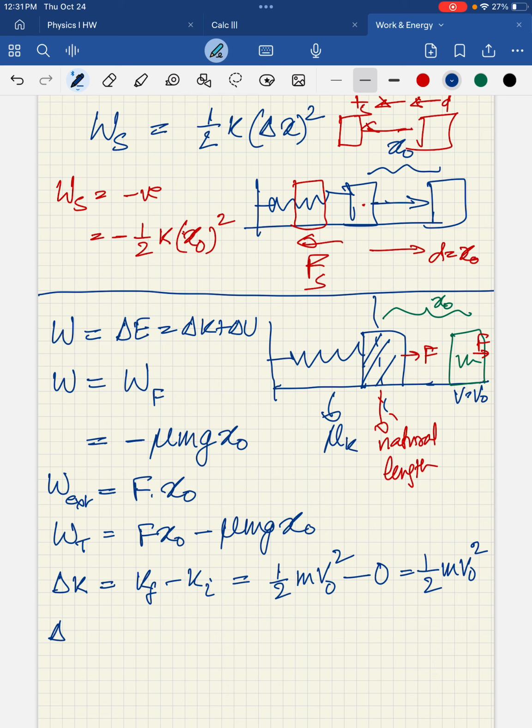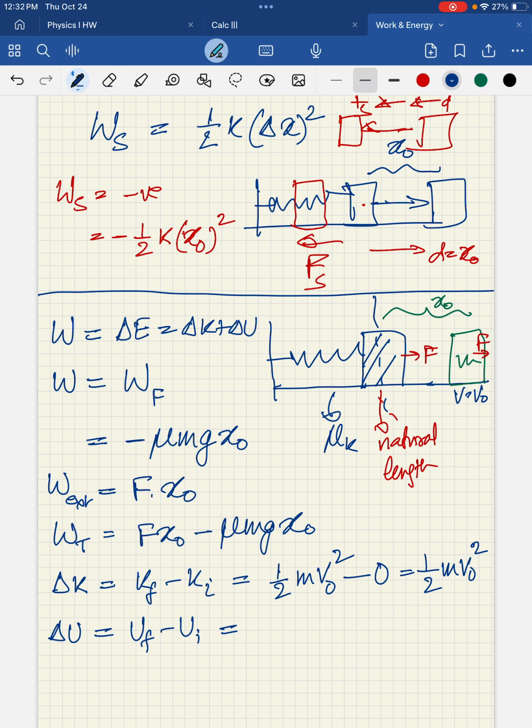Now the delta u part, which is the spring potential energy, again uf minus ui. Since the spring was at its natural length at the initial point, the potential energy stored in the spring was 0, so ui was equal to 0.